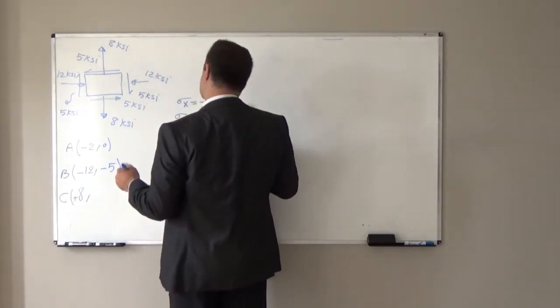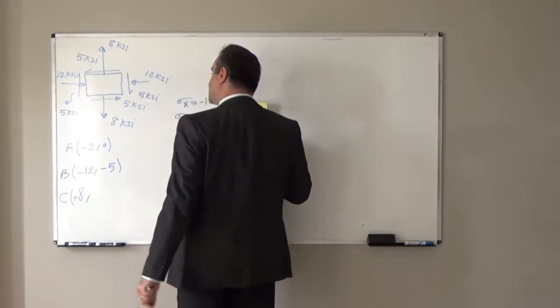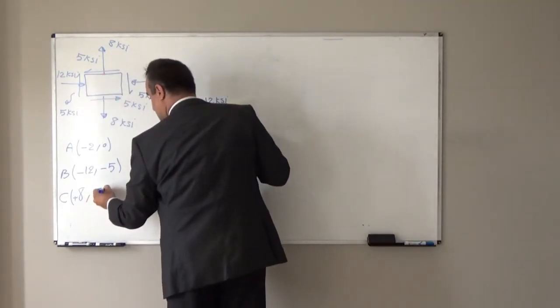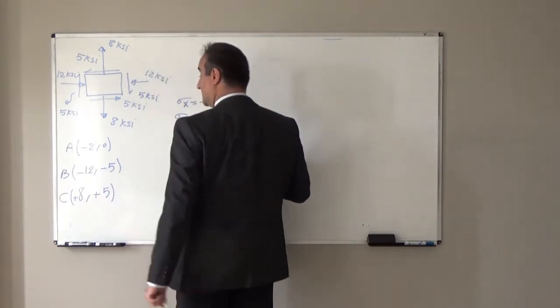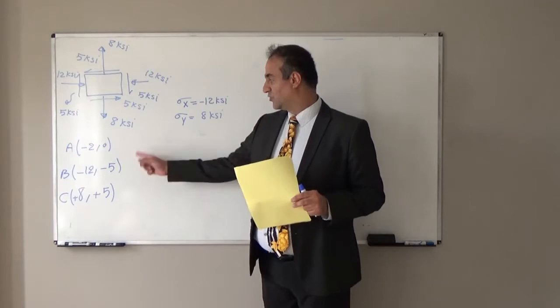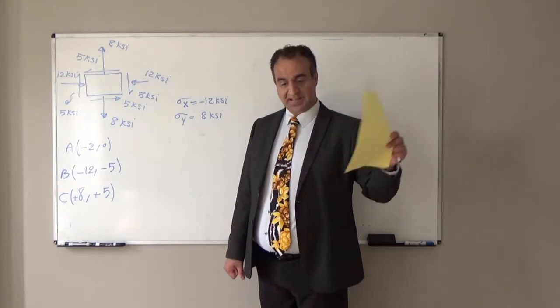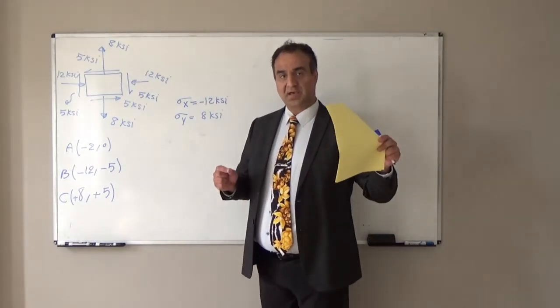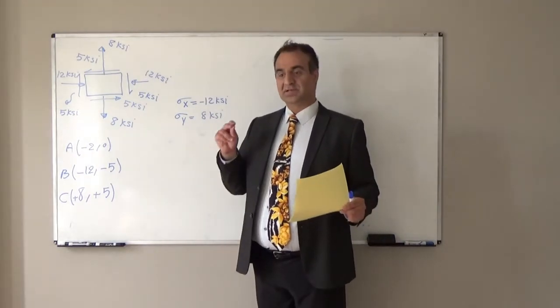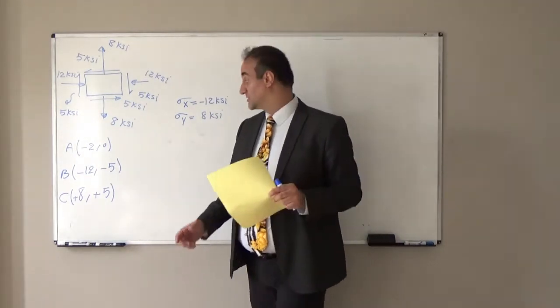And shear stress, because it rotates the element with respect to the center point counterclockwise, is positive 5. So we have the center point coordinate, and we have two other point coordinates we can attach together. It will be the diameter of the circle. We can rotate with respect to the center, and we will draw that Mohr circle.